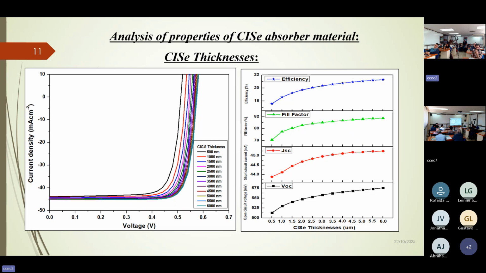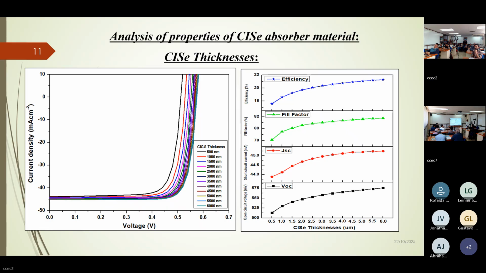In previous work we varied one micrometer to 10 micrometers, but this time we wanted to focus on more detail, so we changed the range: 500 nanometers, 1000, 1500, similarly up to 6000.